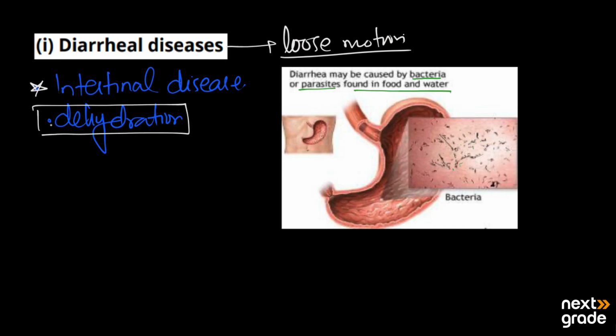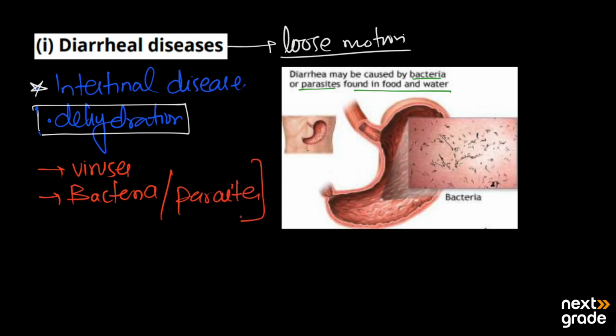And due to this dehydration, diarrhea may have very dangerous results for human beings, and it is caused by viruses, by bacteria, and also by parasites. So these may cause the diarrheal diseases when they are present in the water.